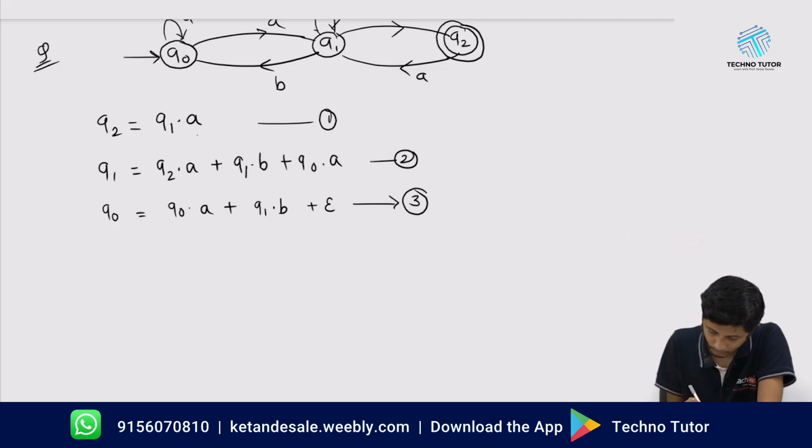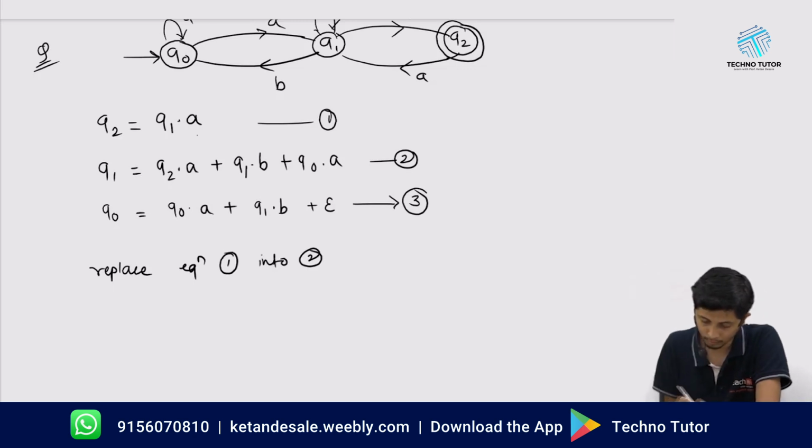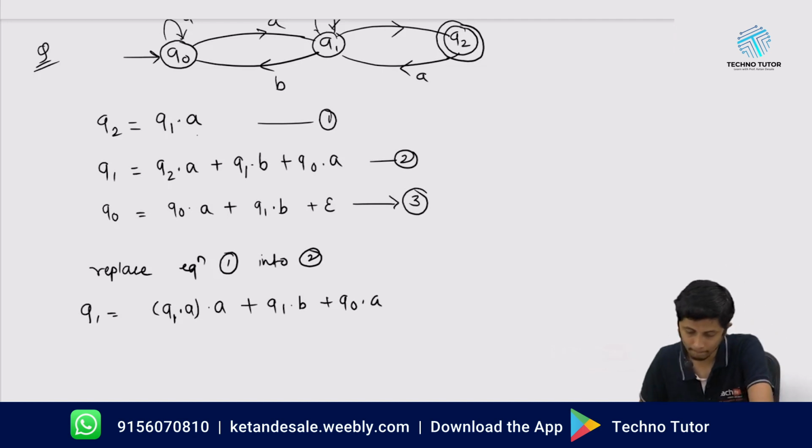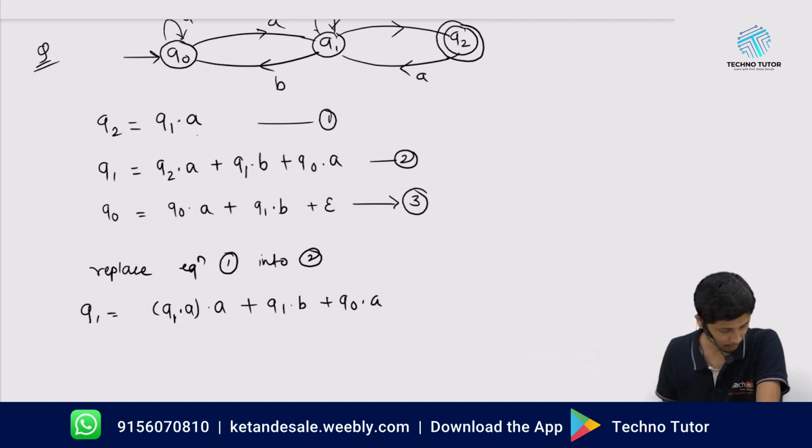So replace equation 1 into equation 2. The value of Q1 can be Q1 dot A, plus Q1 dot B, plus Q0 dot A. This is how your expression can be.